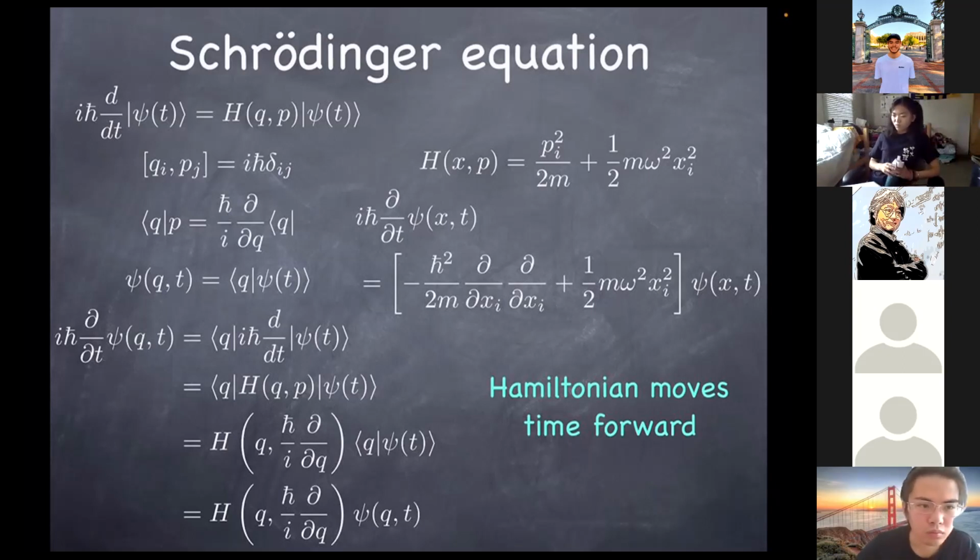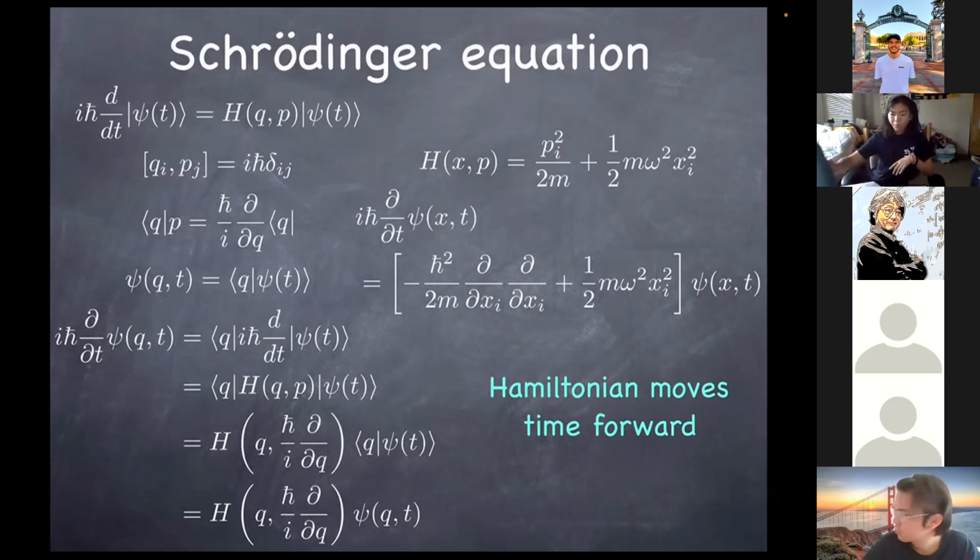But i h bar delta ij is a number, so that commutes with the U operator. Then U and U dagger multiply to become 1, so you find i h bar delta ij once again. So the idea is that when you go to general coordinates, we're always defining a Q going to another Q by a unitary transformation using the operator language in quantum mechanics.